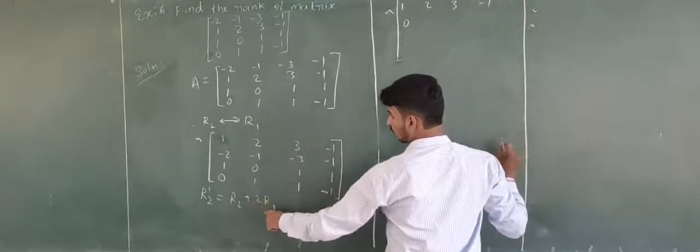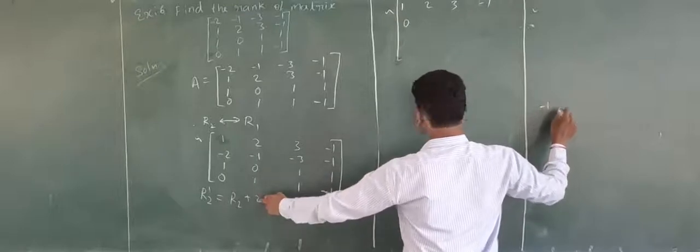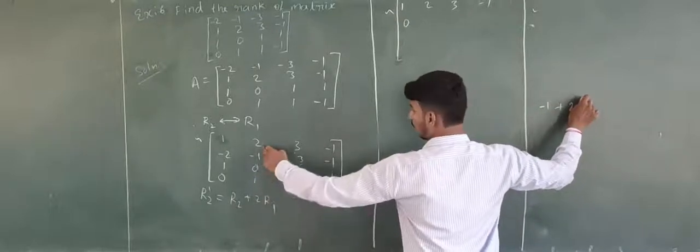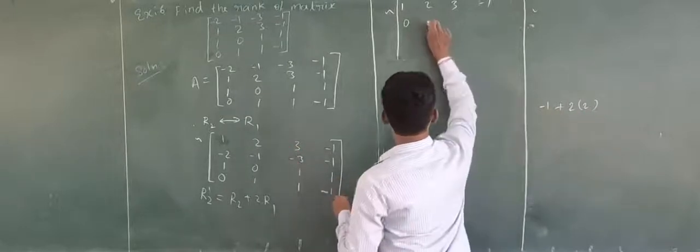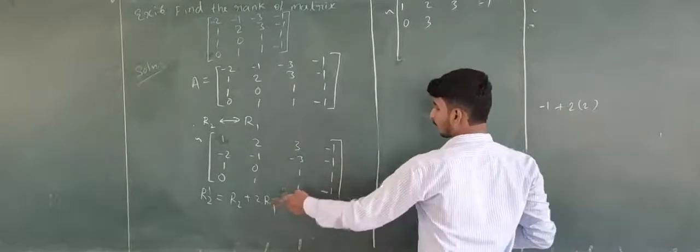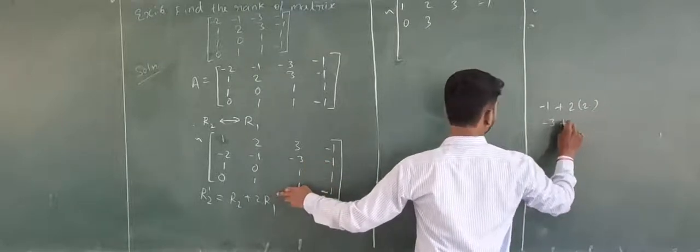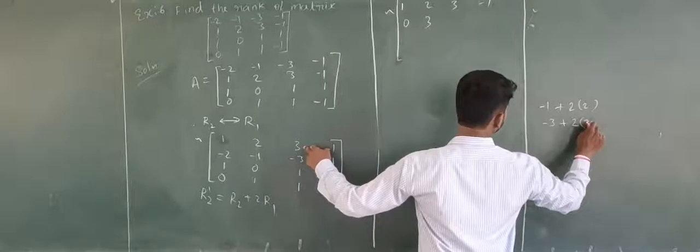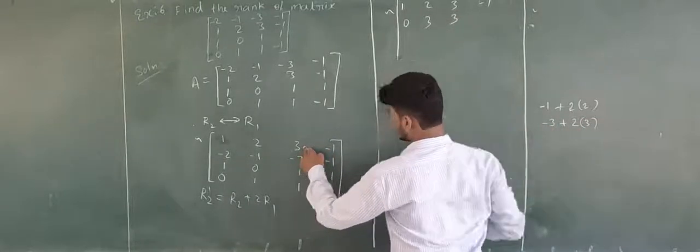R2 plus 2 R1 means minus 1 plus 2 into 2, that is 4. 4 minus 1 will be 3. Next, minus 3 plus 2 into 3, 2 threes are 6, and 6 minus 3 will again be 3.